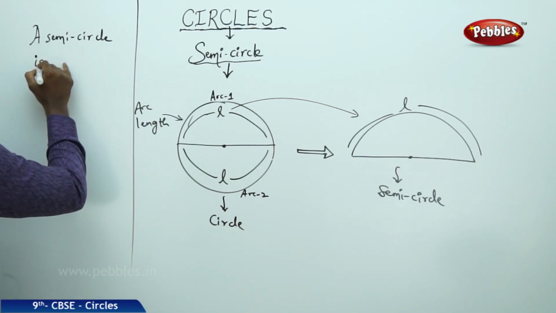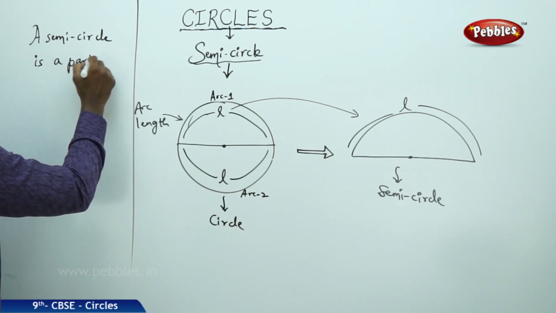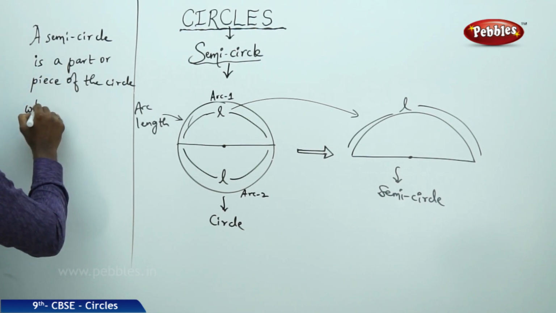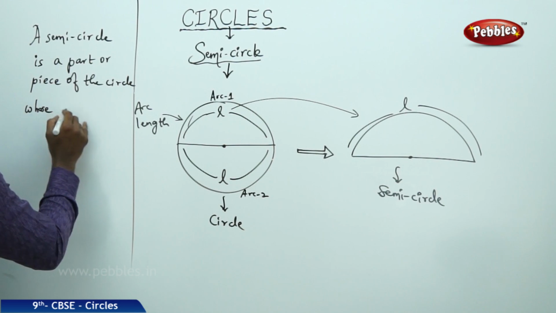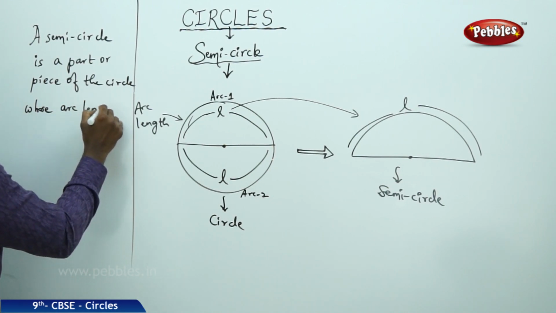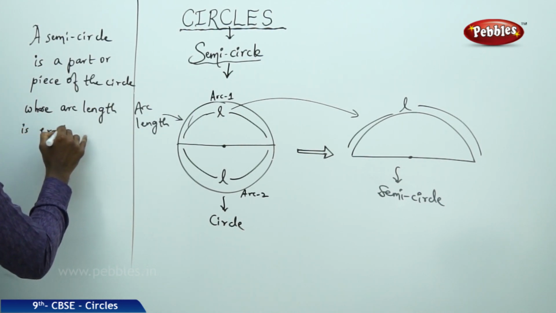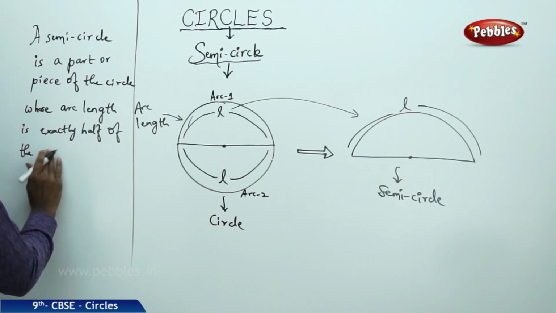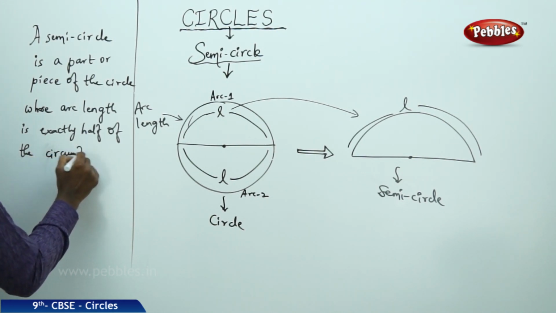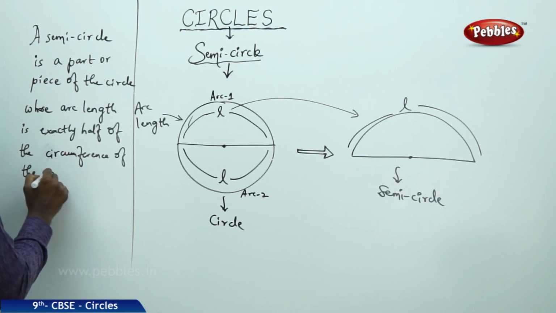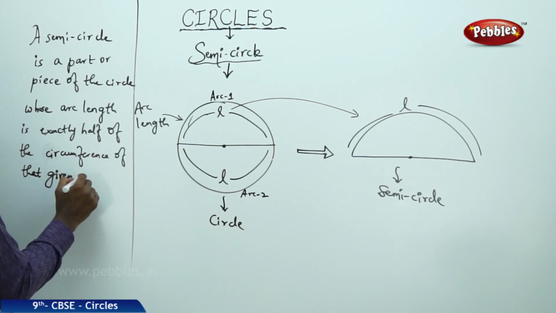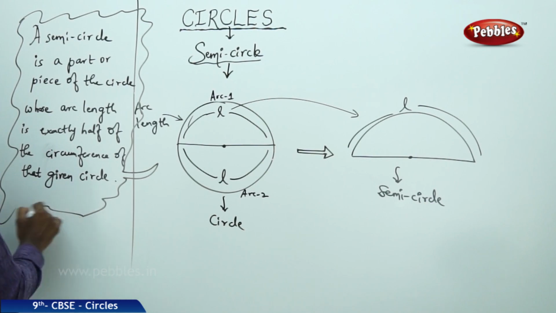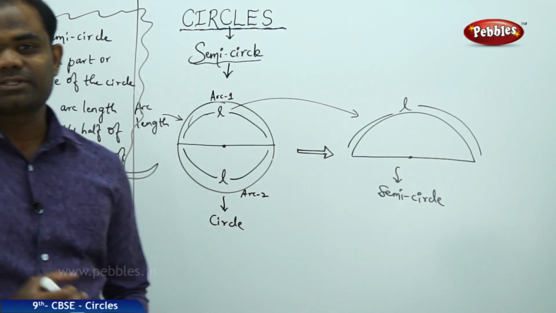A semicircle is a part or piece of the circle whose arc length is exactly half of the circumference of that given circle is how we understand a semicircle.